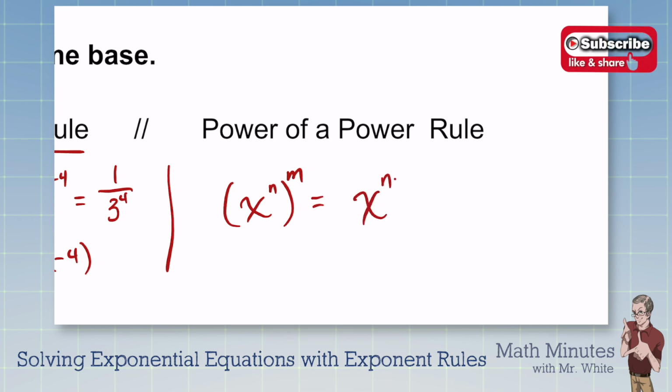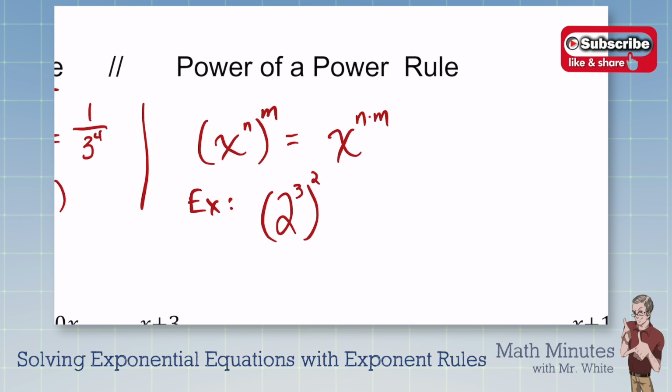It's n times m. For example, if you have 2 to the 3rd power, and then you square that, it's not 2 to the 5th, it is 2 to the 6th. Why?